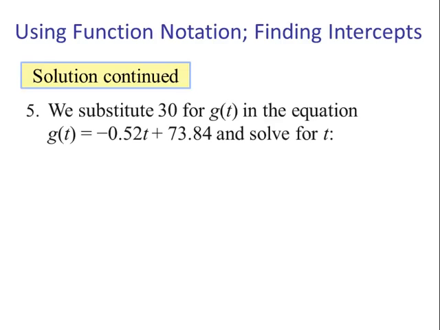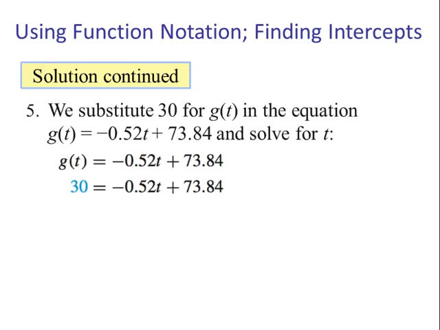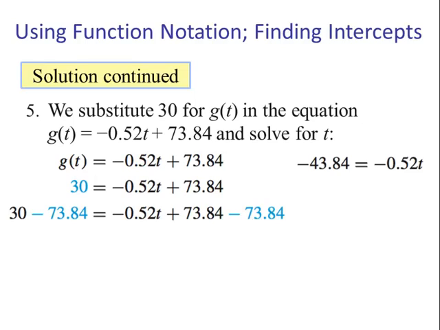Number 5, we substitute 30 in for g of t and solve for t. So we have 30 equals negative 0.52 t plus 73.84. We subtract 73.84 from both sides of the equation. We end up with negative 43.84 equals negative 0.52 t.